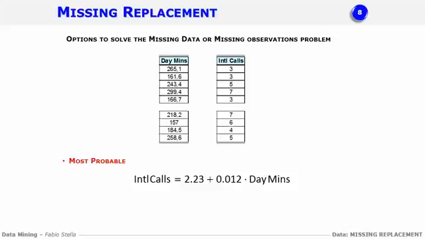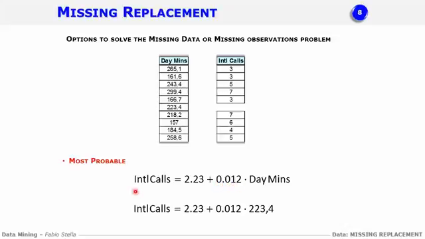Using the available data of day mins and international calls and fitting the linear regression model, we get the estimates of alpha 0 and alpha 1 to be equal to 2.23 and 0.012.